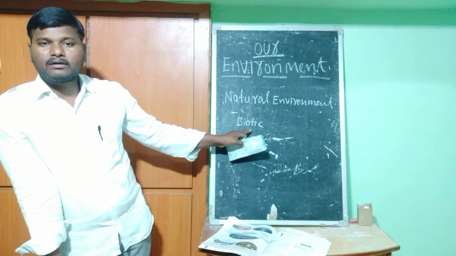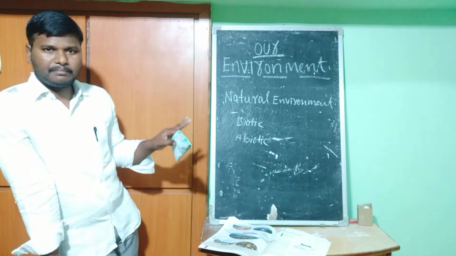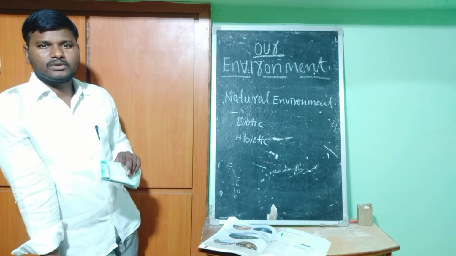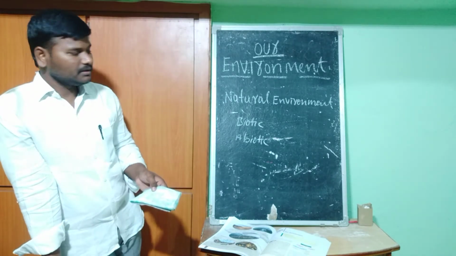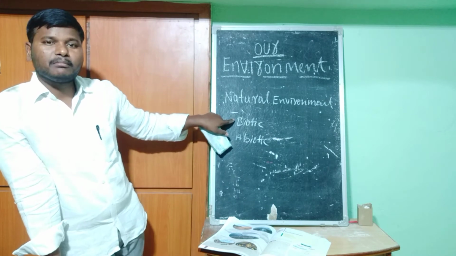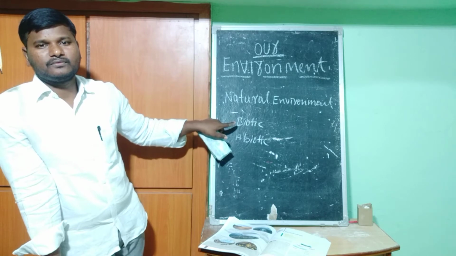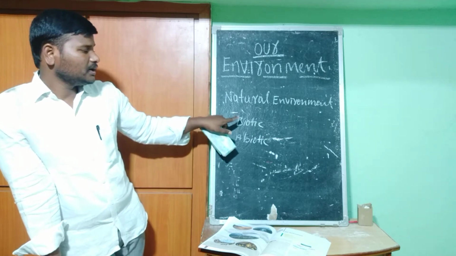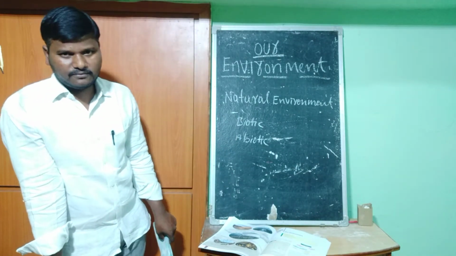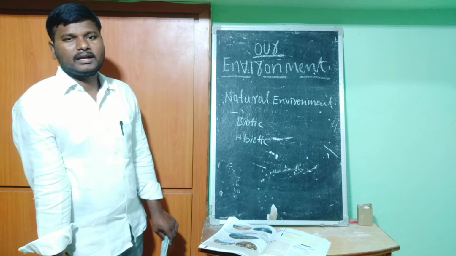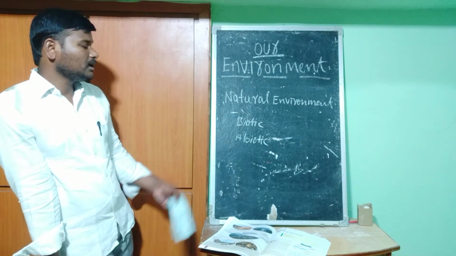Biotic means those having life, for example animals, plants, human beings, microorganisms. These all come naturally. If we go to abiotic, these are non-living things that do not have life, like water, land, and air. That's why we call them abiotic.